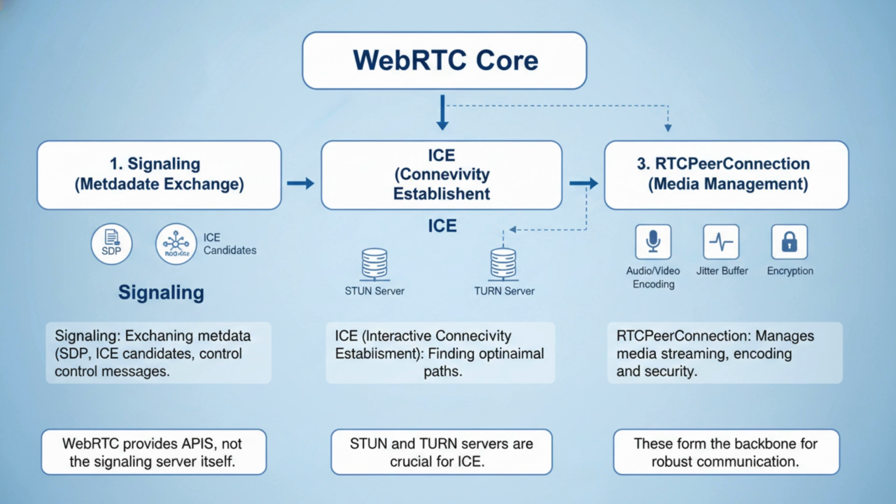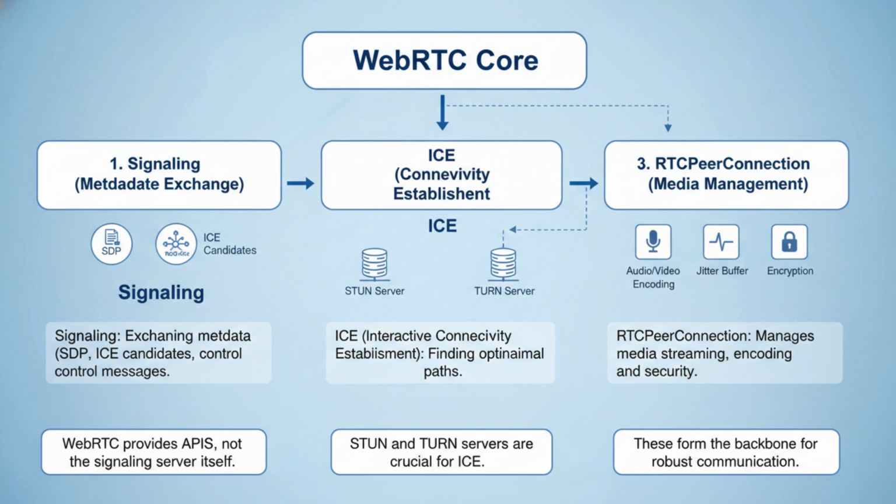Once signaling is complete, ICE takes over. ICE is a framework that helps WebRTC peers find the best possible path to connect to each other, navigating complex network topologies like network address translators, NATs, and firewalls. It uses STUN and TURN servers, which we'll discuss shortly, to achieve connectivity. Finally, the RTC Peer Connection API is the central hub where the actual media streams are managed.